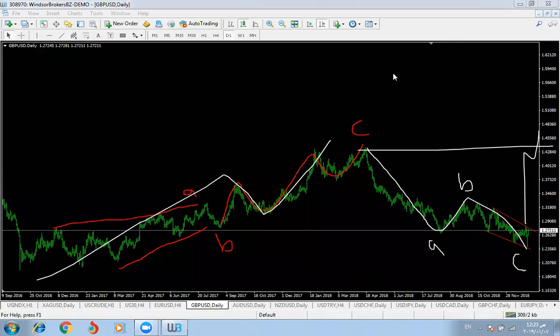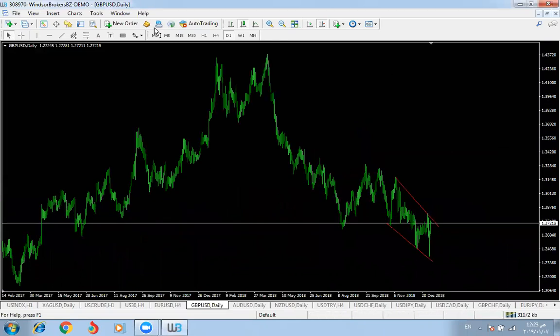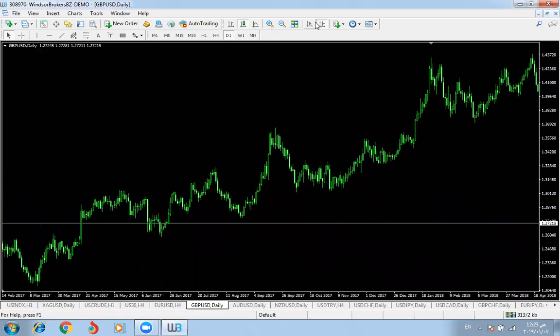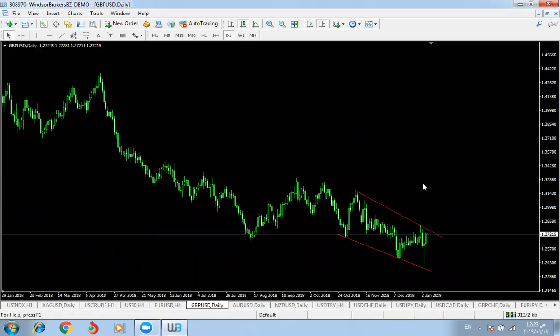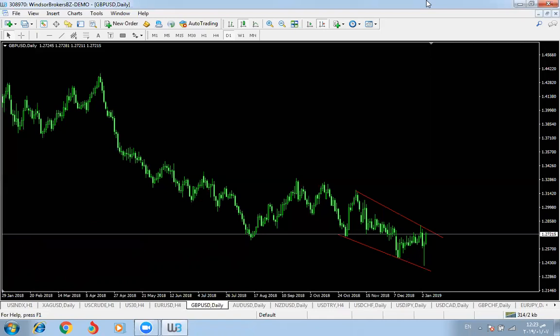We have a very nice contracting ending diagonal that has formed. I'll show you. This is a very nice contracting ending diagonal for the pound, in the form of 5 legs.